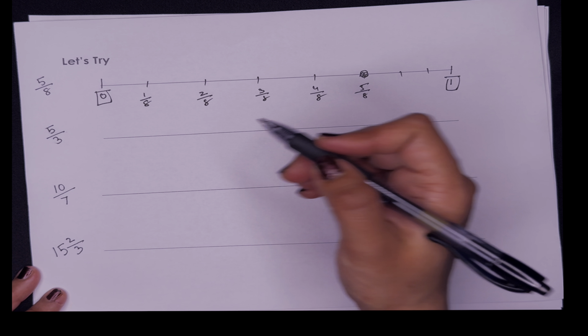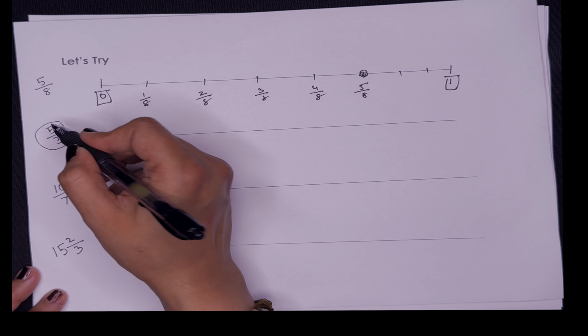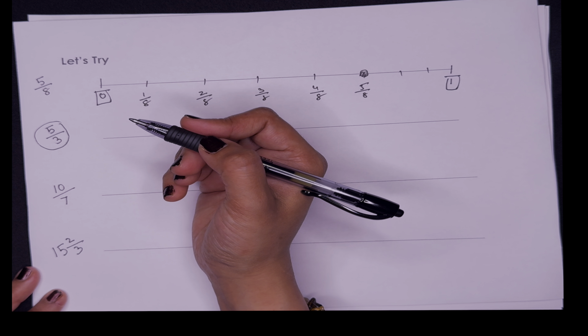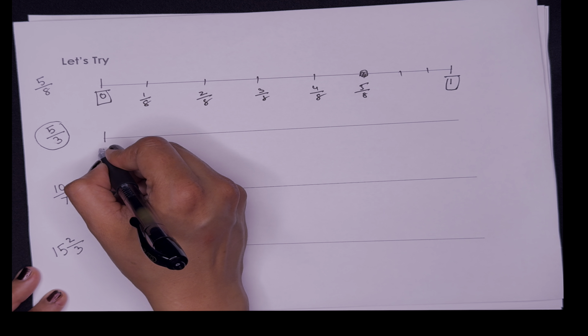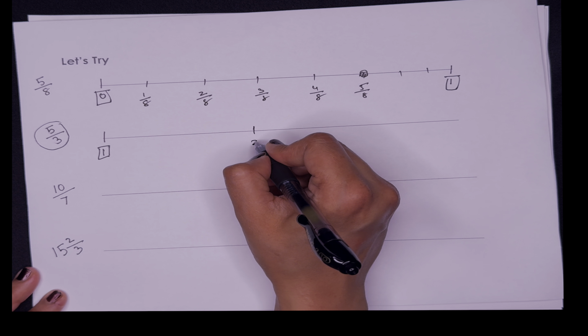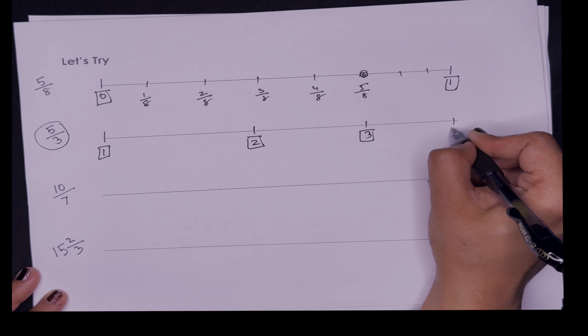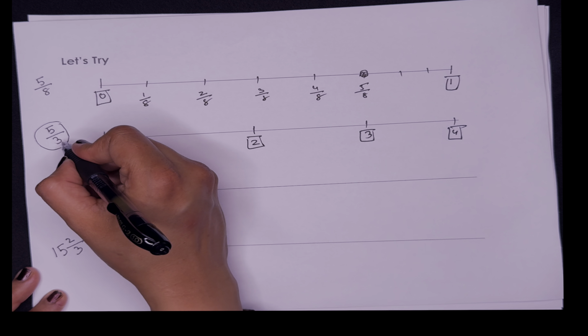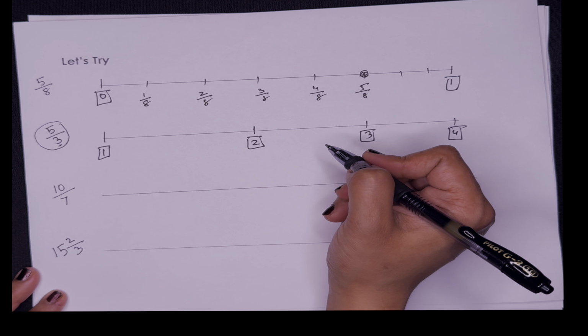Next example, 5 by 3. This is an exact example of an improper fraction. And we know when we get an improper fraction, it goes beyond 1. So the starting point is 1. I put 2, 3 here, and 4 here. The denominator tells us how many equal parts between each whole number.